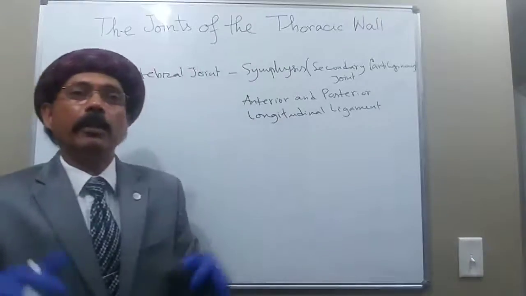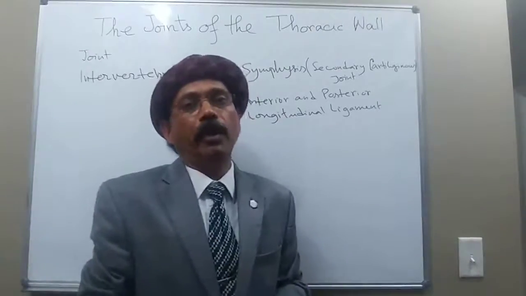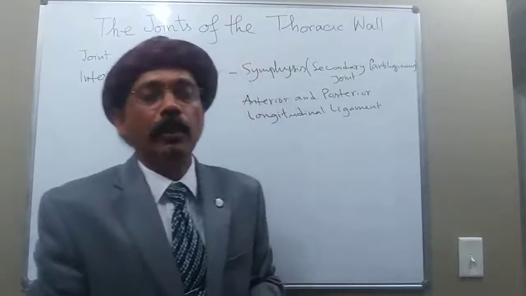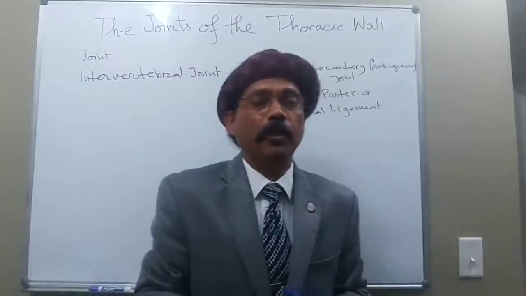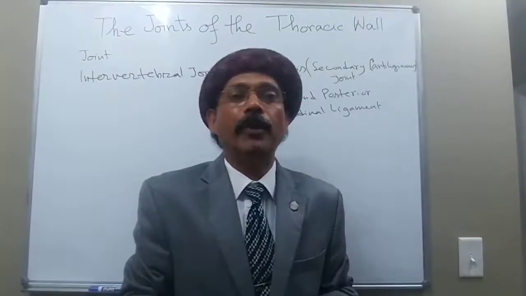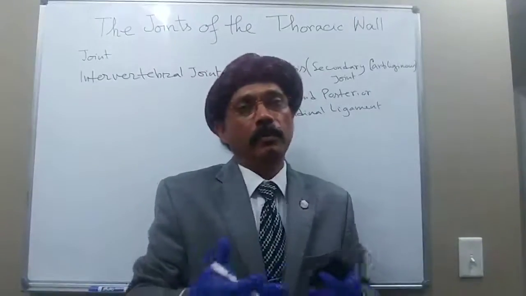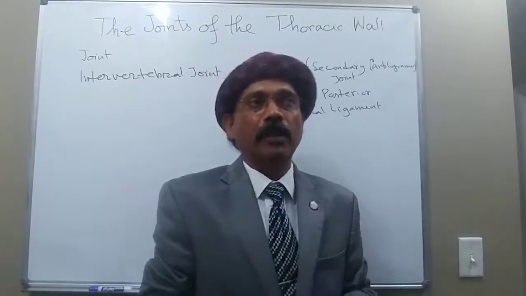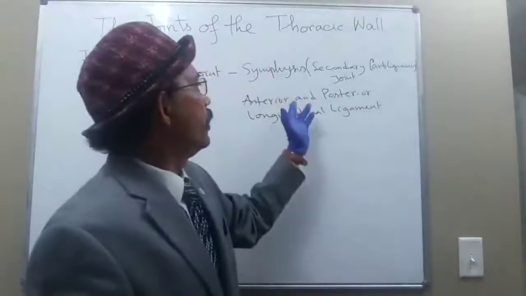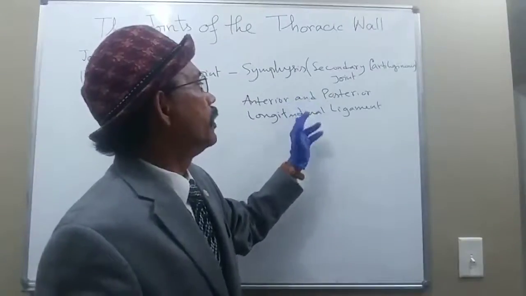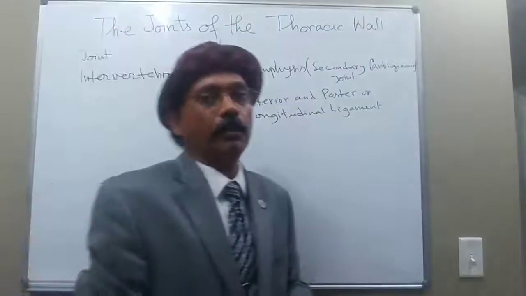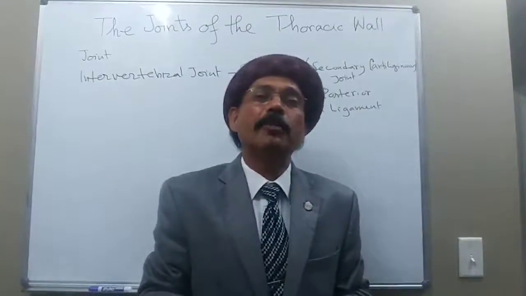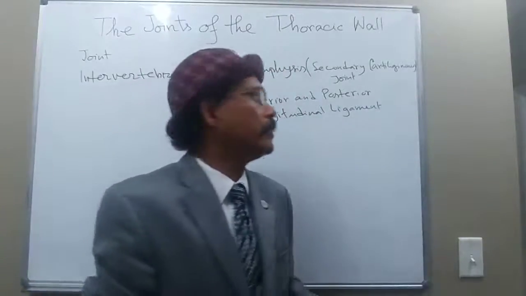And we also have other ligaments along with the vertebra, like the supraspinous ligament, interspinous ligament, and also the ligamentum flavum, which is connected to the lamina of the vertebra. So these two, the anterior and posterior longitudinal ligament, plus, if you think about the vertebra, we also have the supraspinous ligament, interspinous ligament, and ligamentum flavum.